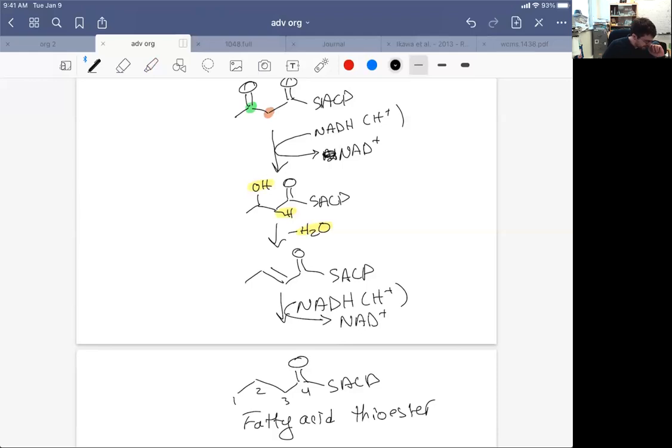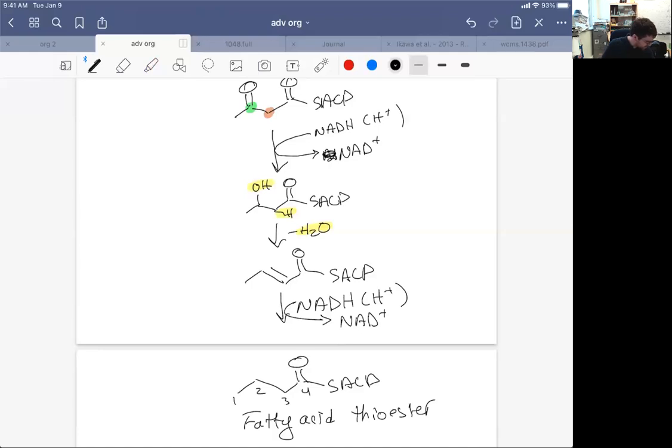So what I think I want to do, there's a lot of cool reactions to talk about here, and like the addition of CO2 by way of biotin is just super cool. But I think it's important to focus on the forward Claisen reaction.